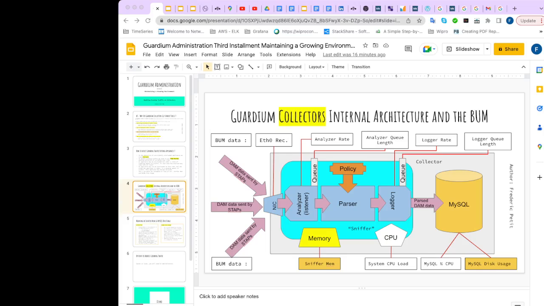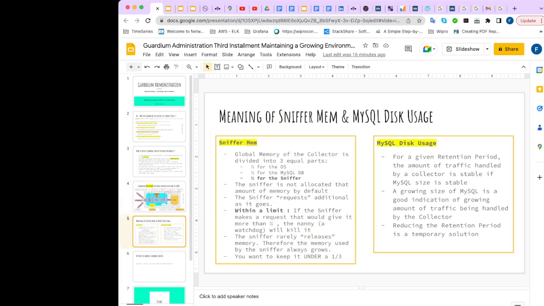The two variables we recommend to look at to detect a trend of growing traffic are the sniffer memory and the MySQL disk usage. So the memory here is especially the memory used by the sniffer, and the other one is how full the MySQL database is, and the trend of it.